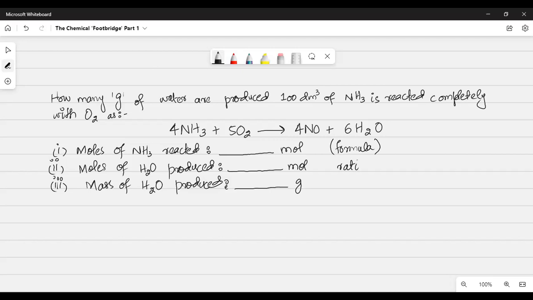This is a ratio step. And again, this is a formula step. That's how most questions would go. Go ahead. This is enough of hints for you. So now I hope this would be easier for you. Take your time. When you're done, let me know. You can even let me know step by step what your answers are.